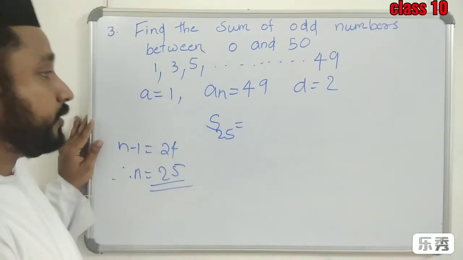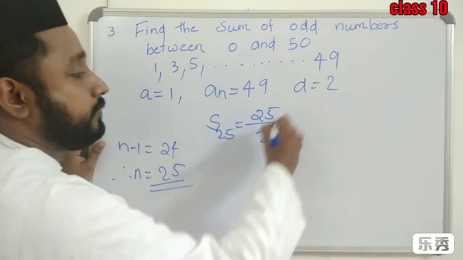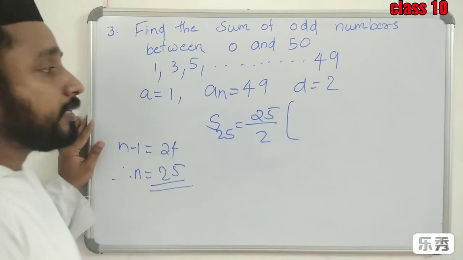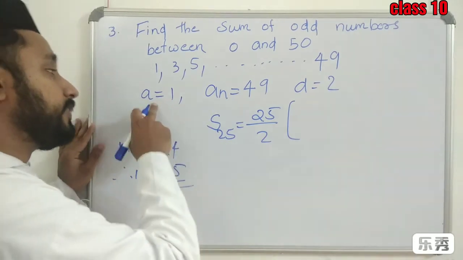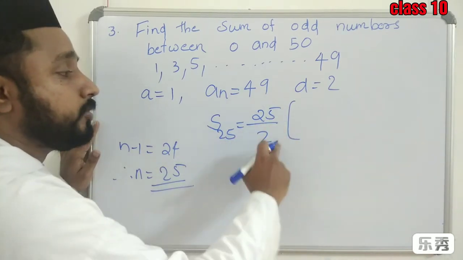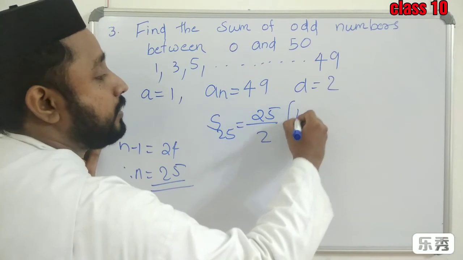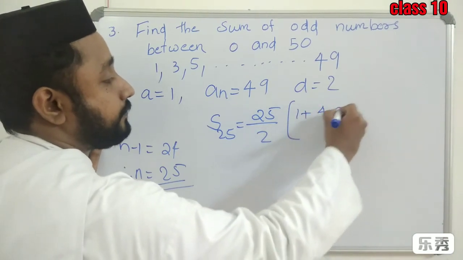S25 is equal to n by 2, that is 25 by 2 into first term plus last term. We know the value of the first term and last term, so we can use that formula, n by 2 into a plus l, that is 1 plus 49.